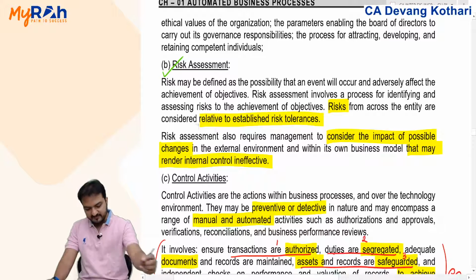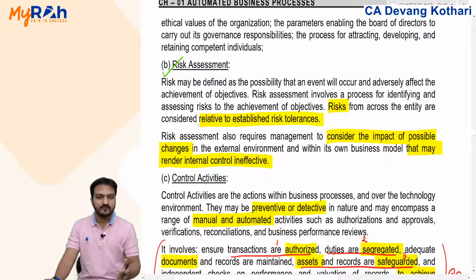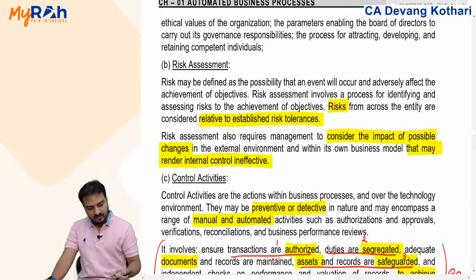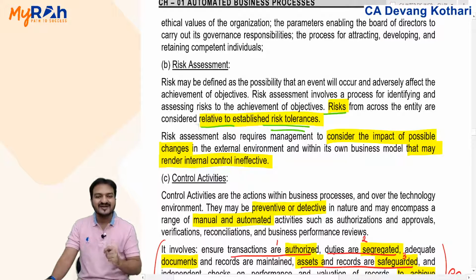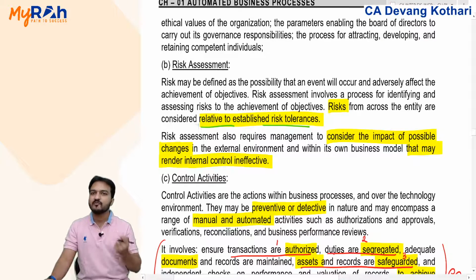Next, risk assessment. Risk assessment is the same as what we did in risk management. Risk assessment is to assess the risk, decide the probability of the risk, the possibility that the event will happen. Risk across the entity is studied relative to the risk tolerances. You study what the risk is as compared to my risk tolerance.